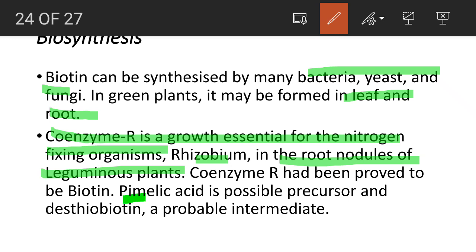Pimelic acid is a possible precursor and thiobiotin a probable intermediate in the formation of coenzyme R.